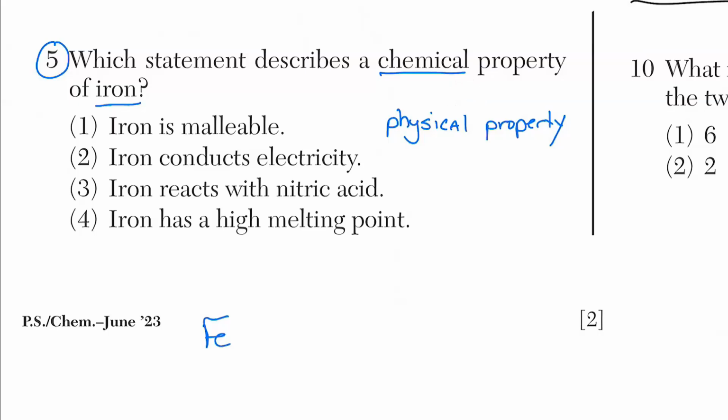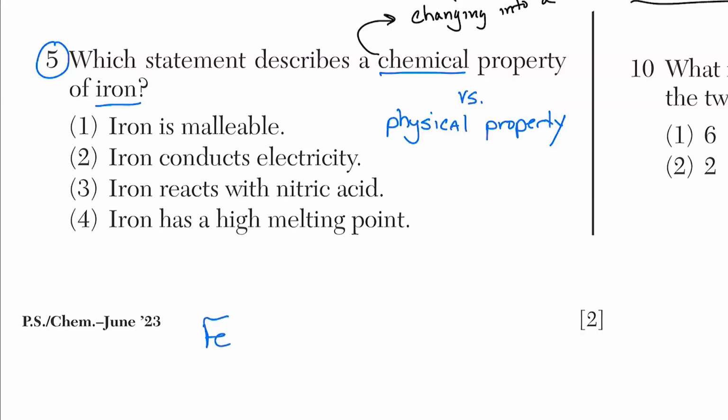And because this is a multiple choice question, my friends in chemistry, you can always figure out which one is the one that's different. But the chemical property is the one about changing into a new substance.